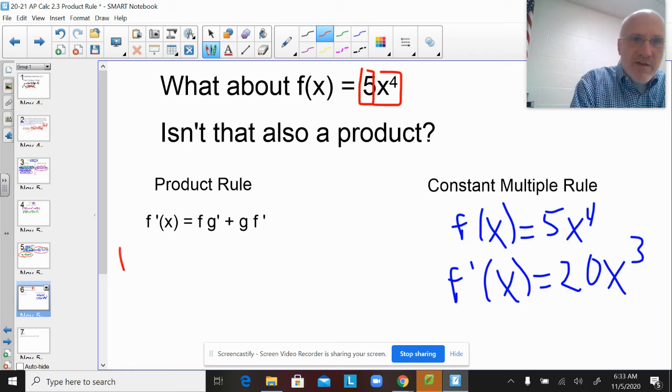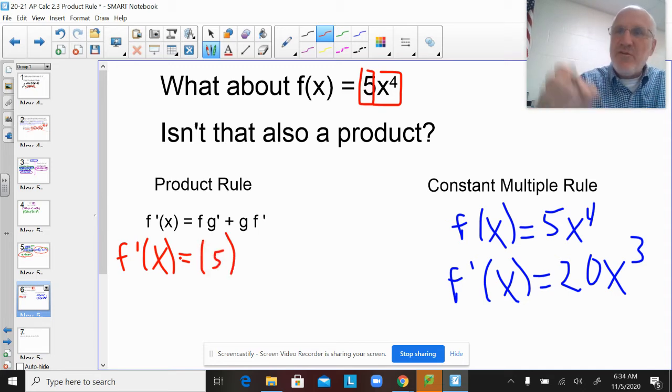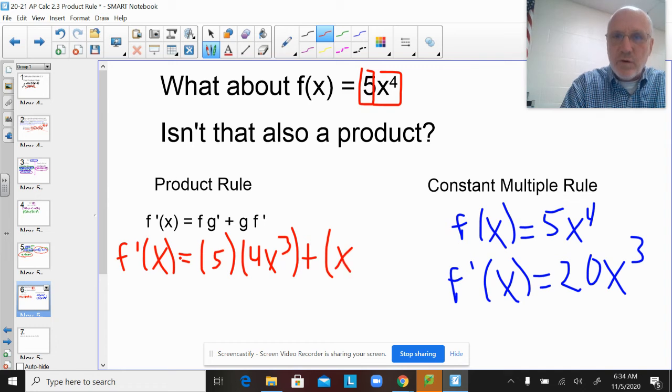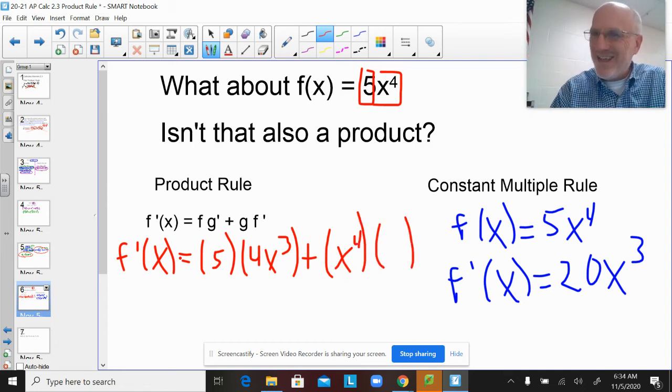Now we're over here. F prime of x equals the first, which is 5, times the derivative of the second, and the derivative of x to the 4th is 4x cubed, plus the second, which is x to the 4th, times the derivative of the first. But the first is a constant, and the derivative of a constant is, in fact, 0.